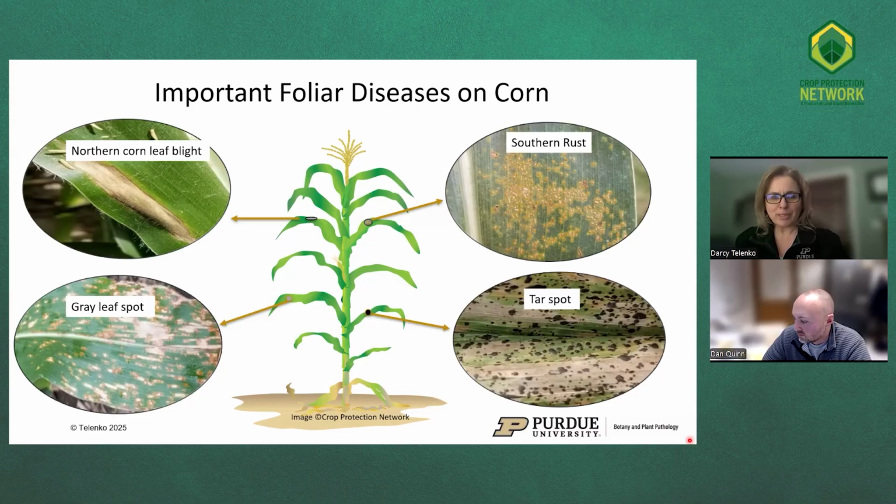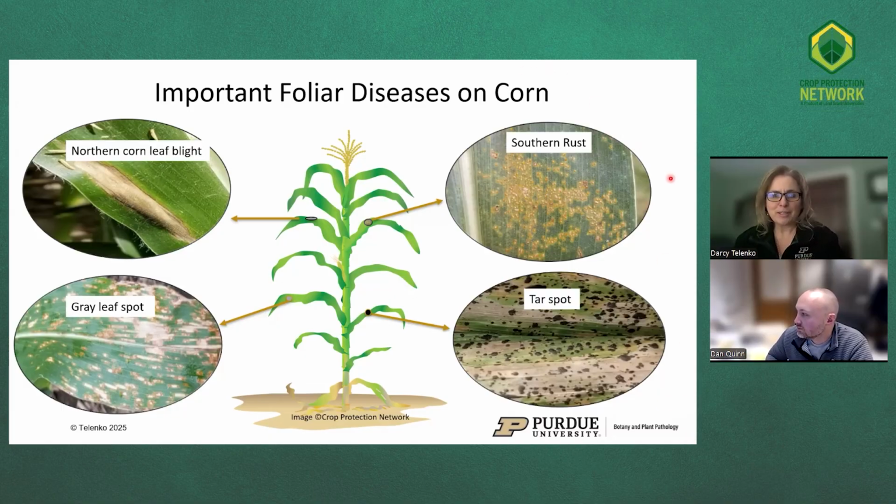Generally, for gray leaf spot, we get good management applying a fungicide at that VT/R1 stage for protecting yields against that disease. Northern corn leaf blight can appear in pockets, so it's important to understand if you've had a history of that disease, if you can select hybrids that may have better disease resistance for that. Lately, in this last year, southern rust has been a big concern in 2025.